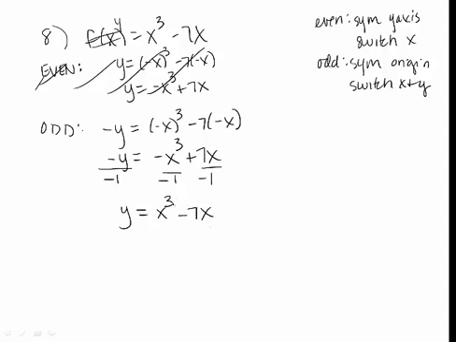Look at that, and then look at the original up here. Do these match? Yes. Then the directions say explain your answer. Well, what did you do? Now you have to write out in English that this function is odd because when you replace x with negative x and y with negative y, your final answer matches the original problem.